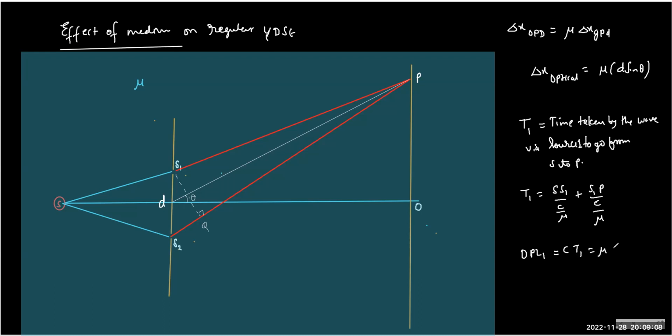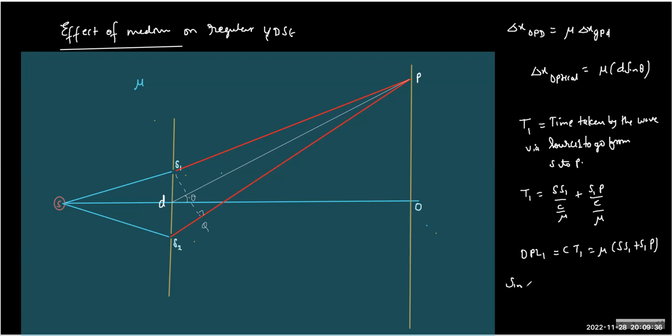So your answer is mu times, luckily, SS1 plus S1P. Imagine if it is a different mu1 on the left and mu2 on the right. Then the answer will be mu1 SS1 plus mu2 S1P, isn't it? Yes, sir. It is a very generic procedure: no matter what kind of path they introduce, you just follow the rule and all variables will take care of themselves.